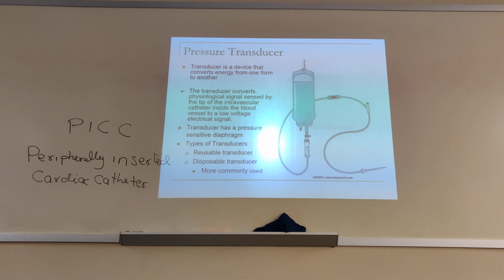A transducer has a pressure sensitive diaphragm. If you look in here, you're going to see that little piece in here. It's called the diaphragm of the transducer. What the diaphragm does is help measure the amount of pressure coming to it. Once the pressure comes up from here, it gets to the diaphragm, and the pressure pushes on the diaphragm, causing displacement.